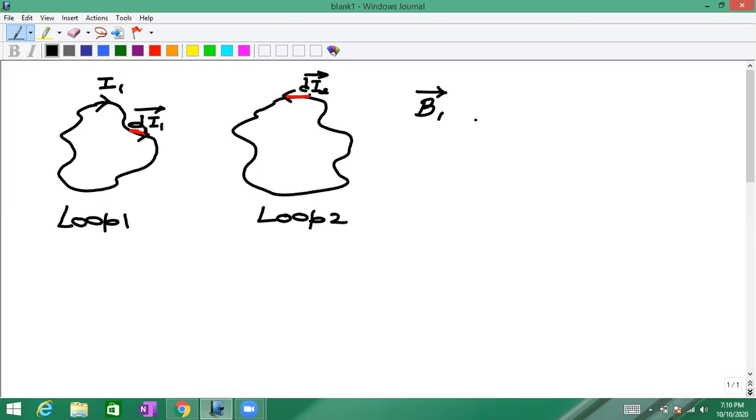B1 vector is the magnetic field at the position of loop 2 due to the current in loop 1. And from the Biot-Savart law, if you remember, it is just mu naught by 4 pi, I1. So I1 is the current flowing through loop 1.